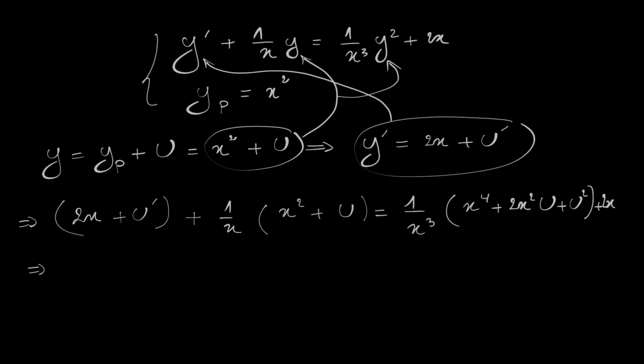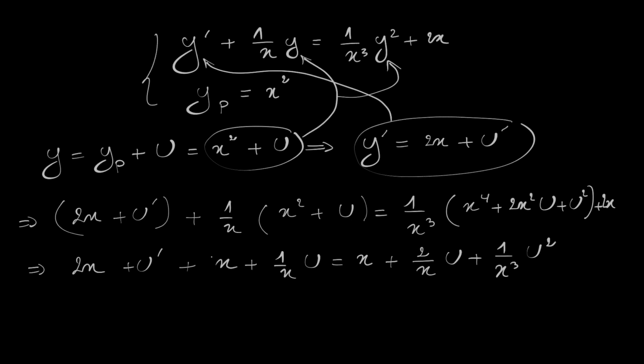Now we are going to try to simplify. We have 2x plus u prime plus x plus 1 over x times u equals x plus 2 over x times u plus 1 over the cube of x times u squared plus 2x.